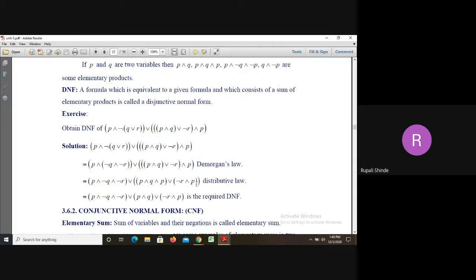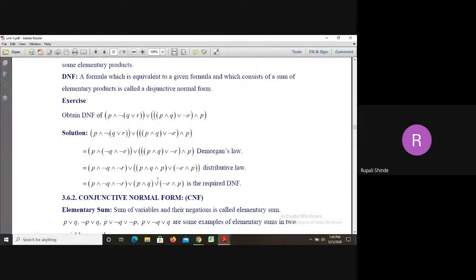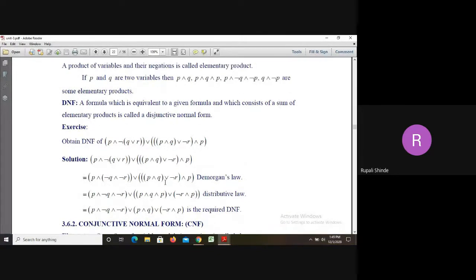Now check whether there is any repetition of terms. Yes, P is repeated here: P and Q and P. This is similar to P and Q. That's why our final answer is this one. Now check here, outside the bracket OR is there, and inside the bracket AND is there. So this is the correct sum of product form. This is our required DNF.